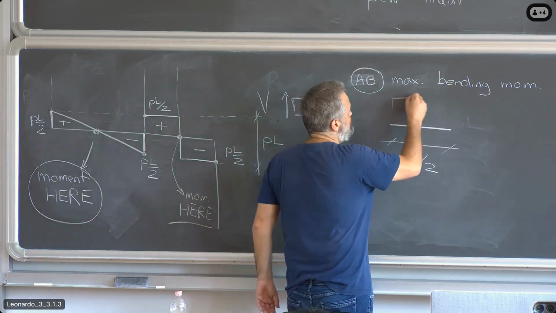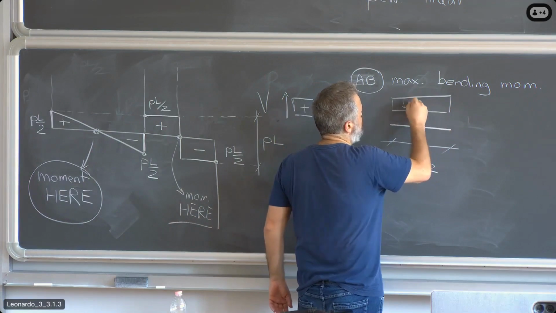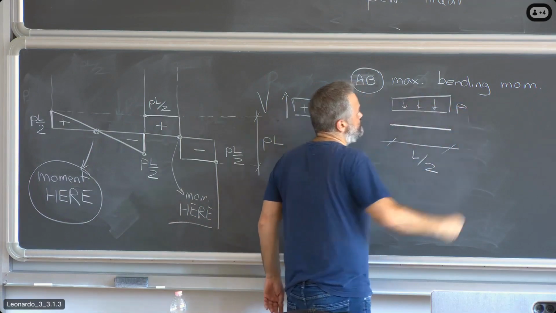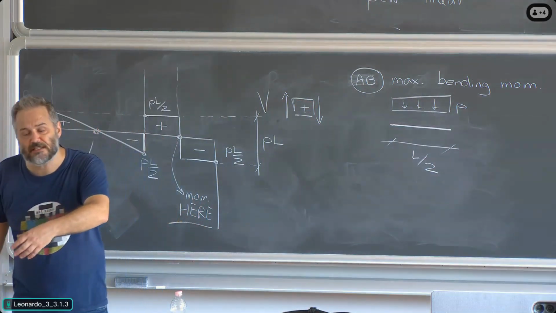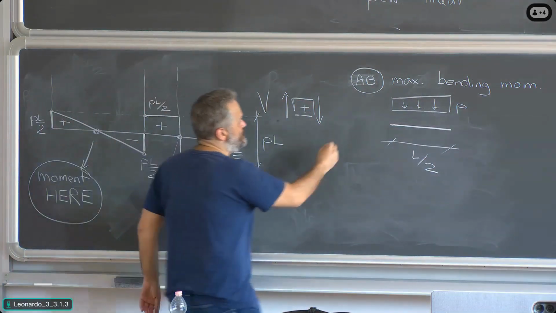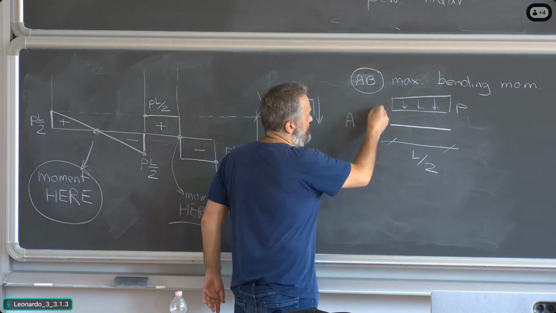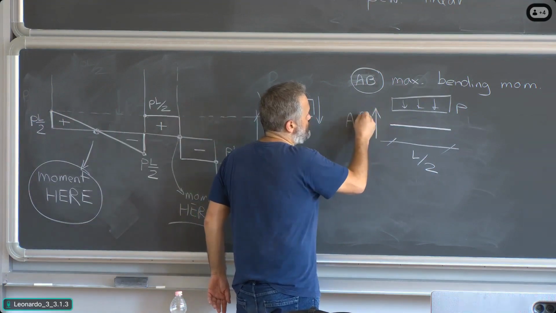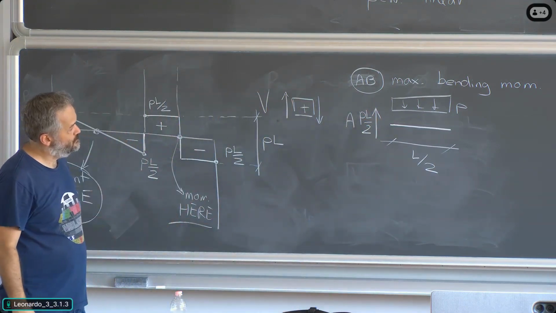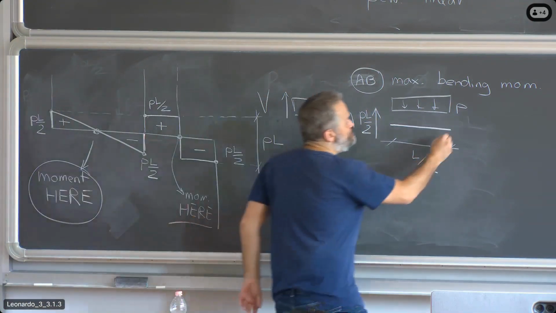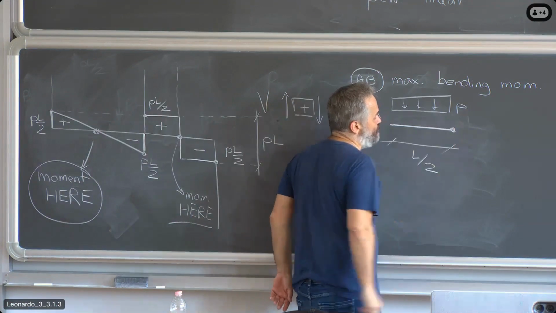I know it's subjected to a distributed load. I can look at the beam starting from the left or starting from the right. I'm going to start from the left, so this point here is A, where we know the shear force is PL divided by 2, which means that this point is midspan of beam AB.